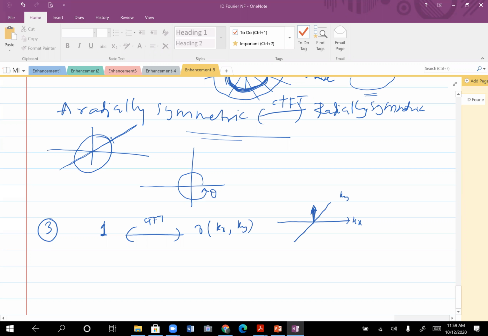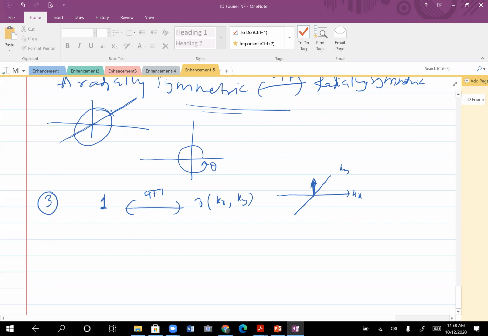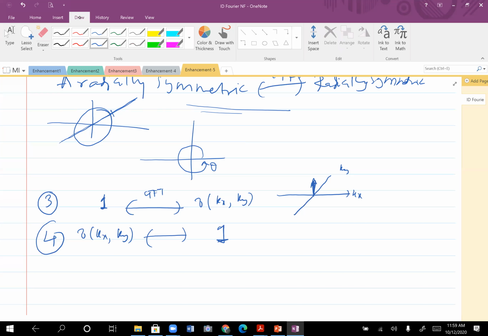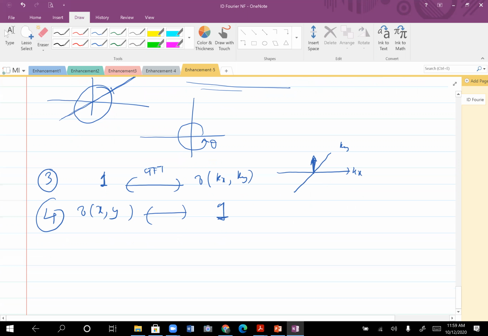Now, of course, I could write the other way around: delta of kx comma ky; taking the negative would also be the same. So I would get 1 here. Sorry, I should be writing x comma y here, not kx ky.